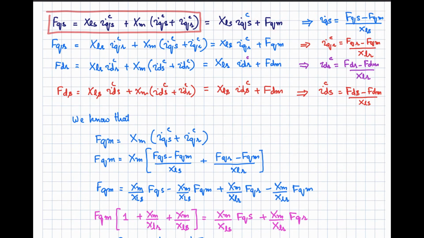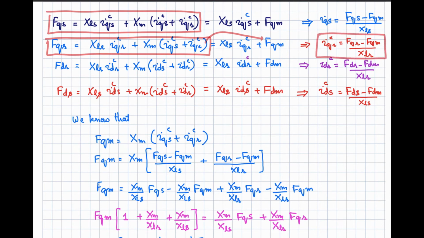Similarly, if you take the equation of the q-axis rotor voltage, that is given like that, and what is this part? This is FQM. So from here, if I now solve it for IQR, the equation will be like this. IQR will be equal to FQR minus FQM divided by XLR.